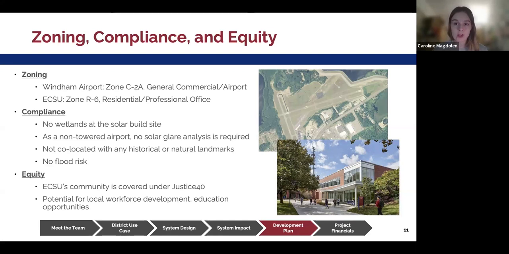There's also ample education opportunities. As already mentioned, ECSU heavily prioritizes sustainability and energy, and it would just be an amazing learning opportunity for students to have these types of projects directly on site.